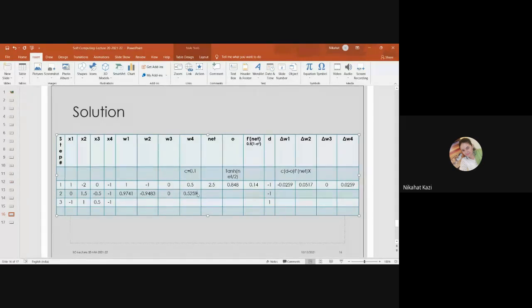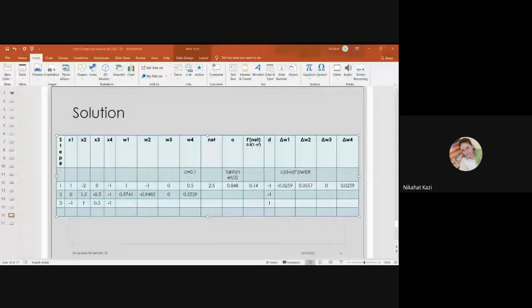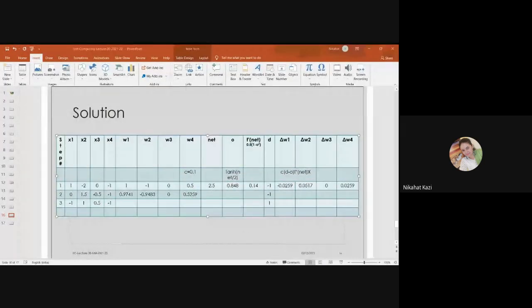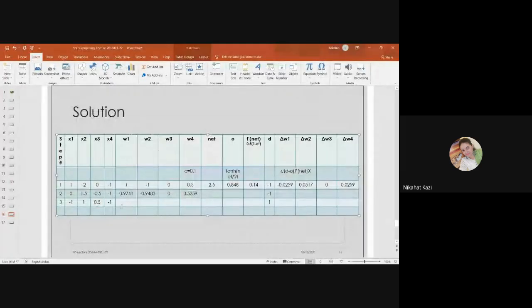Yeah. So using this, compute net value. What is the net value? Multiply the x's with the w's and sum them up. Minus 1.9483.